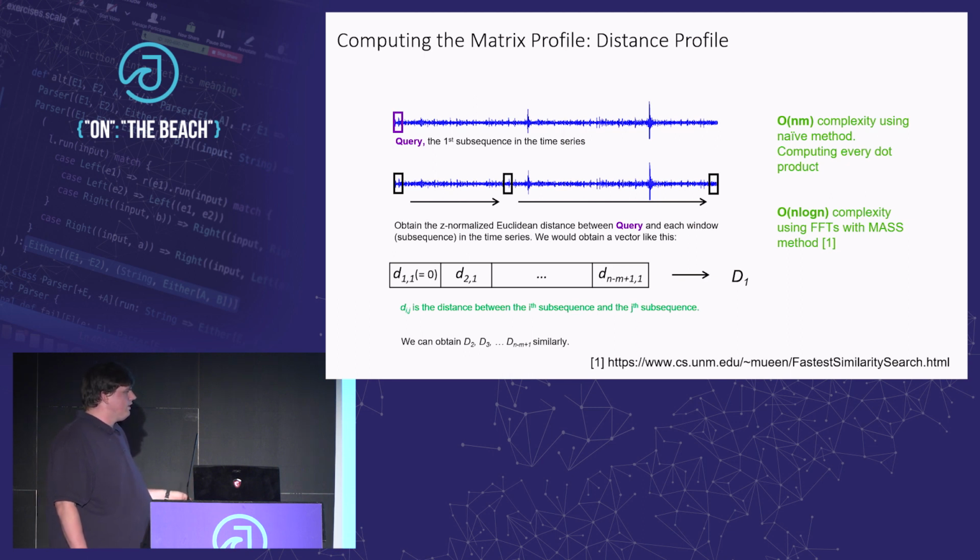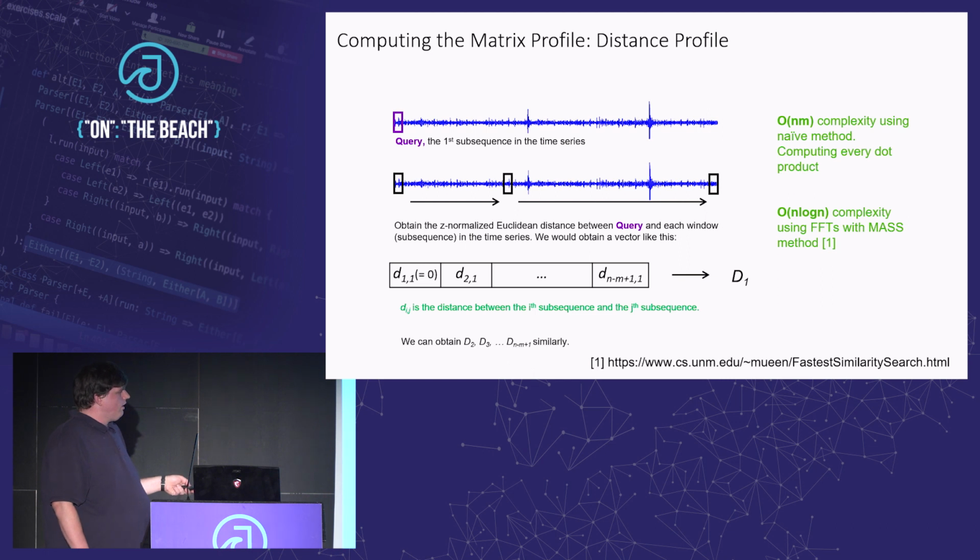I have a method cited here, which I'm not going to go into detail about because it gets a little hairy, but you're free to go and look at that later. Essentially, we use this method, where you convert the signal to the frequency domain. You can do this whole thing as an element-wise multiplication between the frequency domain values.